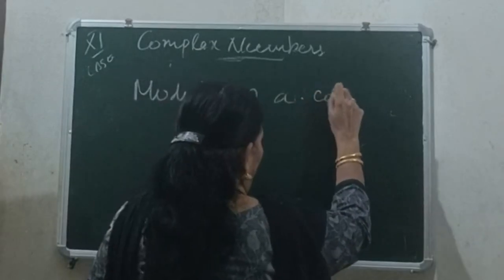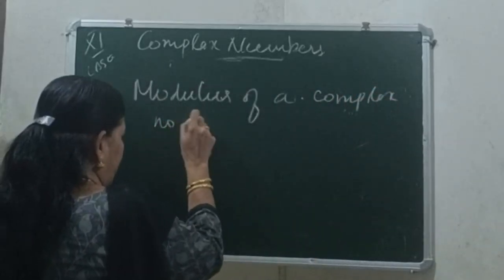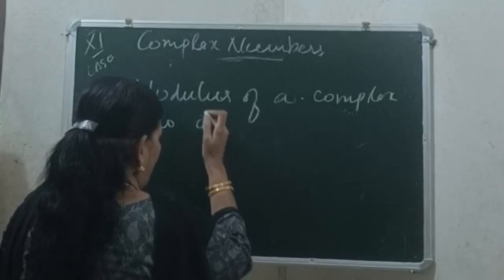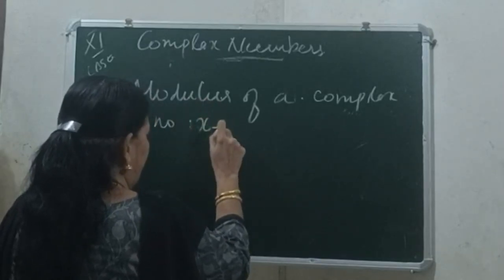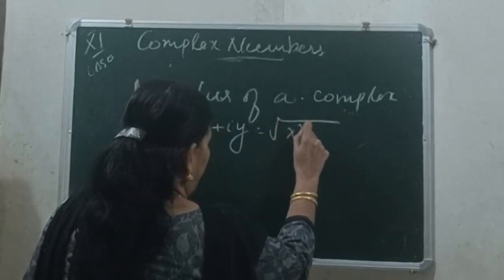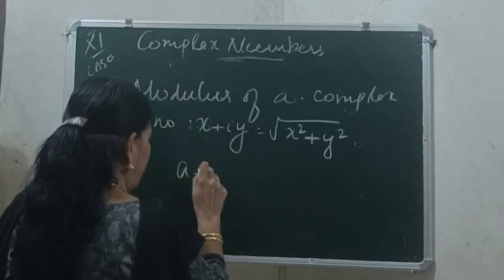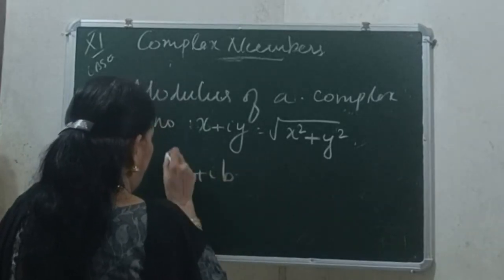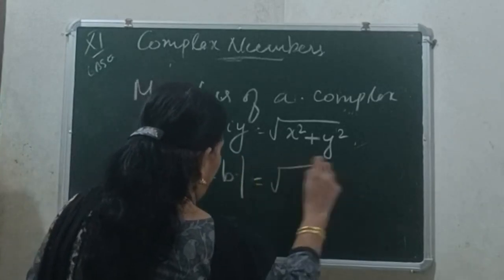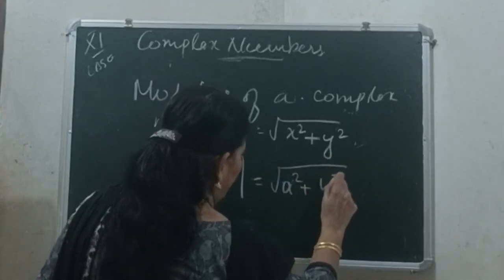The modulus of the complex number x plus iy is the square root of real part square plus imaginary part square. For the complex number a plus ib, its modulus is equal to root of a square plus b square.